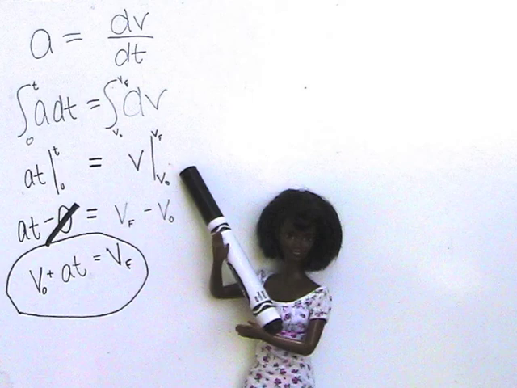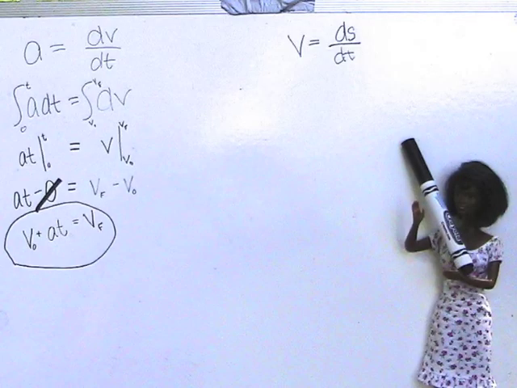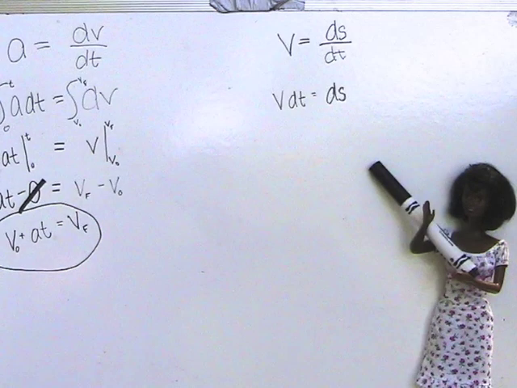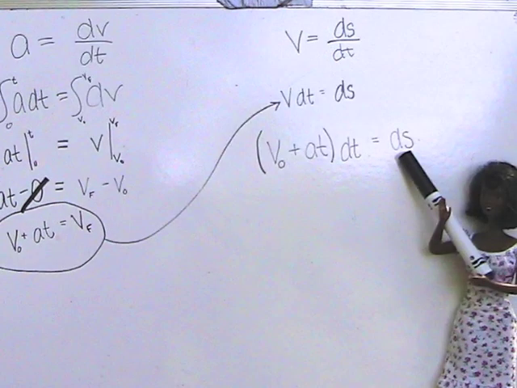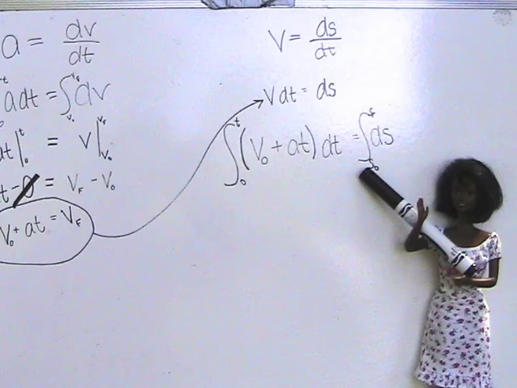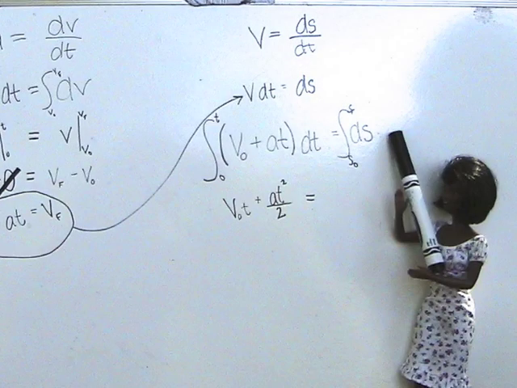Now that we have the first kinematics equation, we can use it to derive another. We know that the instantaneous velocity is equal to the derivative of the position in terms of time. Next, we can separate the variables again by multiplying each side by dt. Now we can plug in the equation we just derived for velocity. When we take the integral of the left side of the equation with bounds 0 and t, we are left with v naught t plus a t squared over 2.